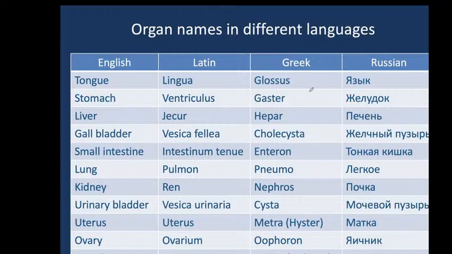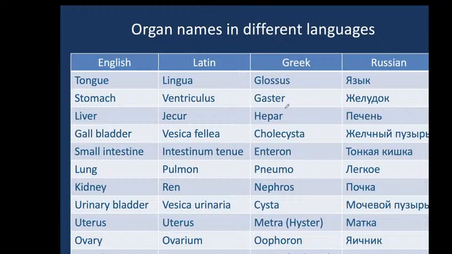Usually we use Latin when we study human anatomy, but in clinical practice, when doctors speak to each other and discuss patient diseases, they very often use Greek names.